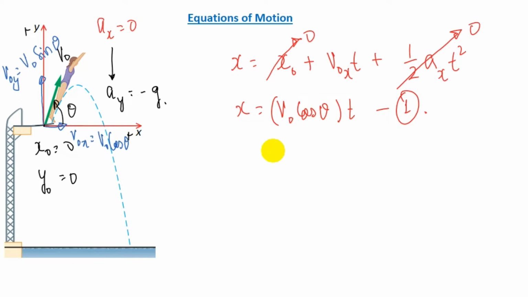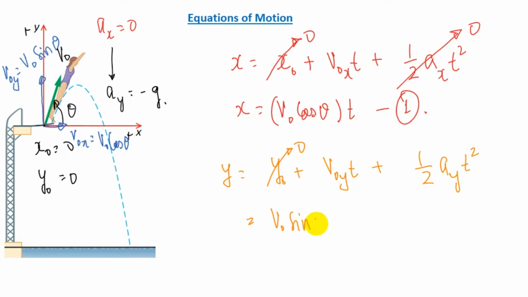Now we'll see position as a function of time in the y direction. So we have y is equal to y0 plus v0y times t plus 1 over 2 times ay times t squared, right? Now initially the position is at origin, so y0 is 0. v0y we have v0 sine theta multiplied with time t plus 1 over 2.